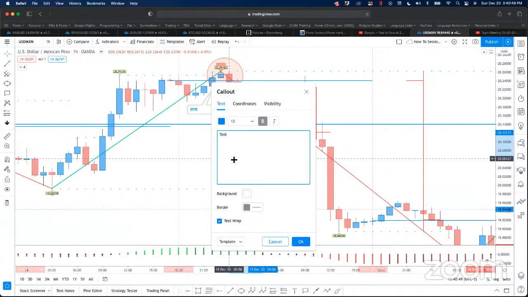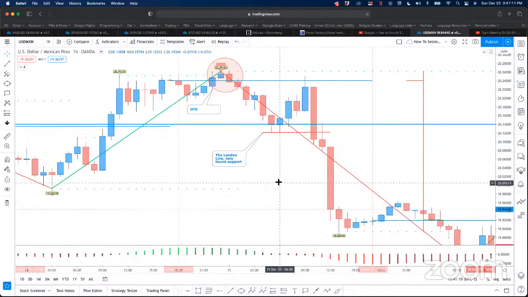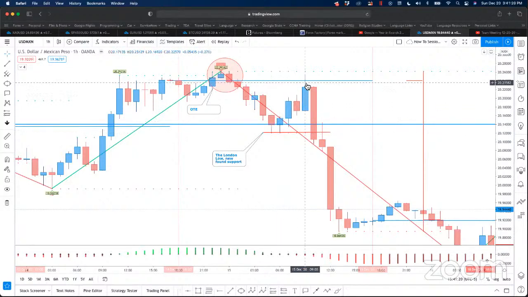This low is the London low. That's important.